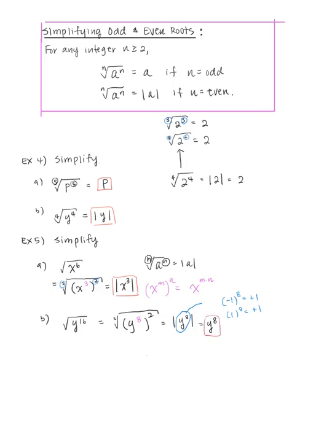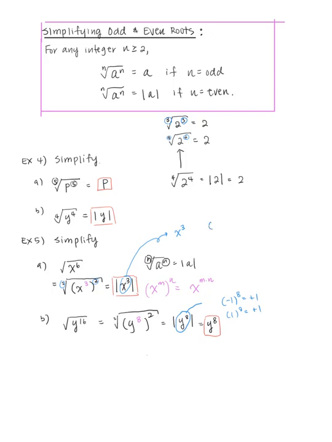Now, I should explain that for part A as well. Part A, do you see why I left that absolute value sign? Because look, let's take x to the 3rd. Depending on whether x is positive or x is negative, our outcome can be negative.